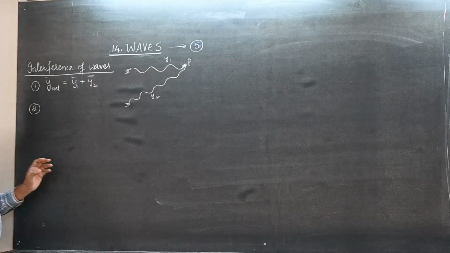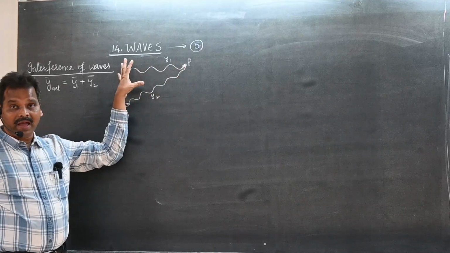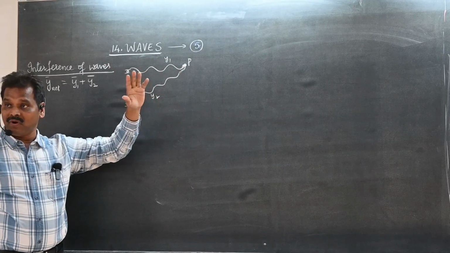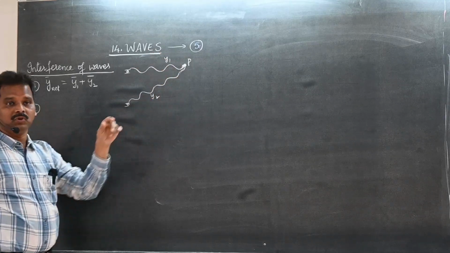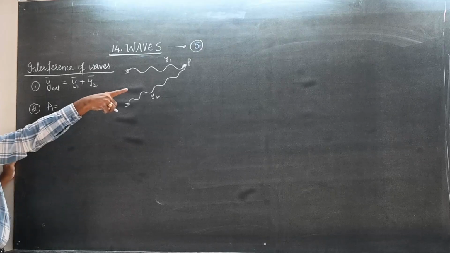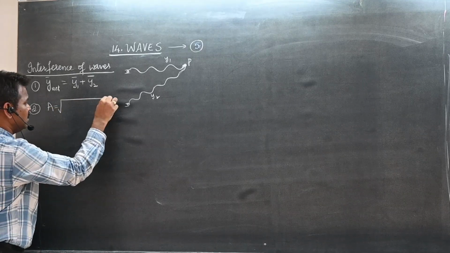Point number 2. After the superimposition of these two waves at the particle P, the particle P will have a different amplitude. The resultant amplitude, generally denoted with the letter R, but we can denote with A also.